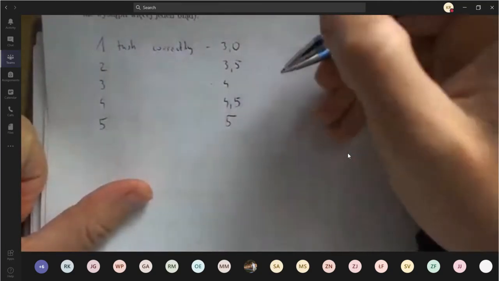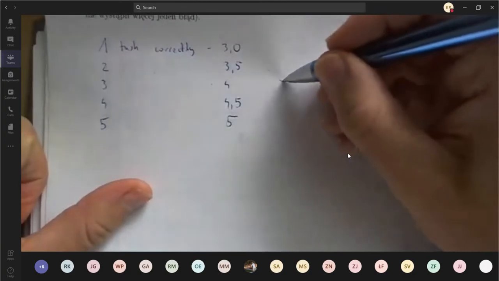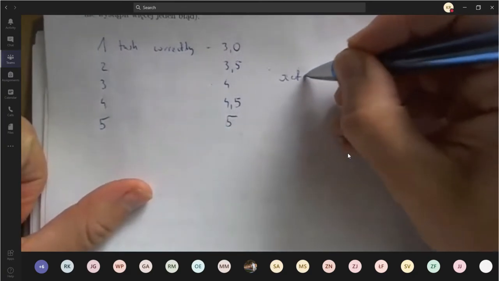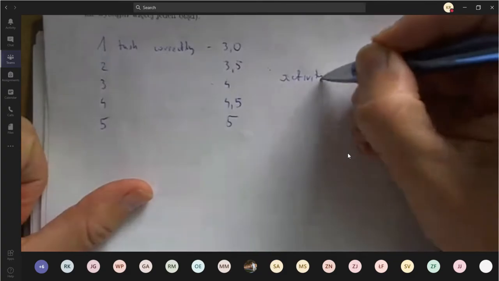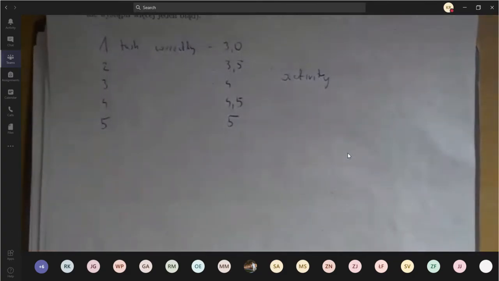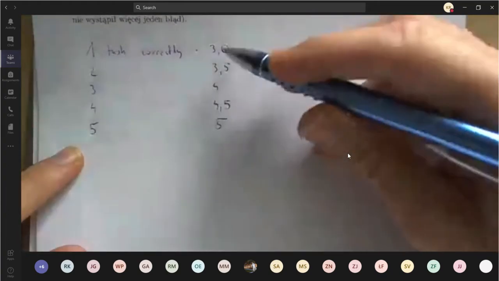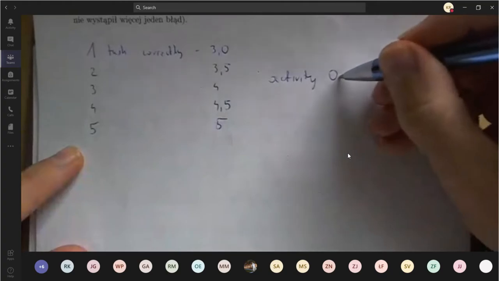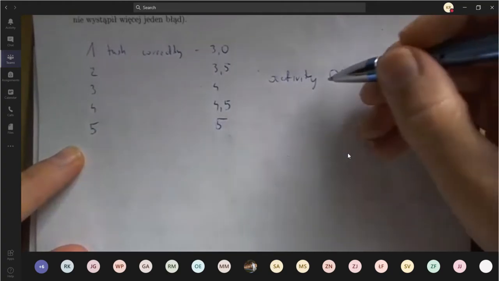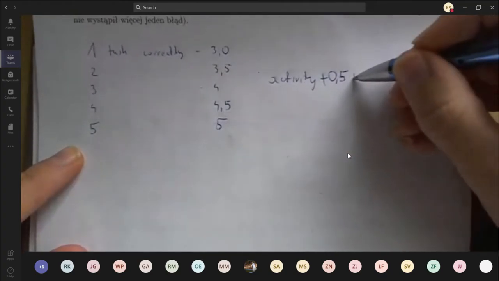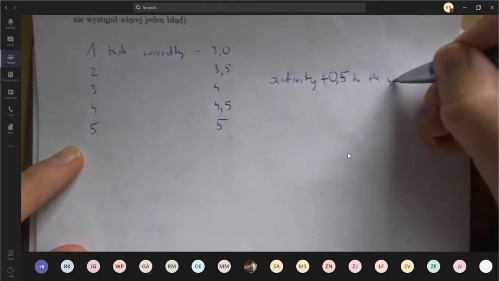Maybe the word points is not the best word, but activity. So if you do some tasks on the tutorials, it can upgrade your grade, a plus to the grade.